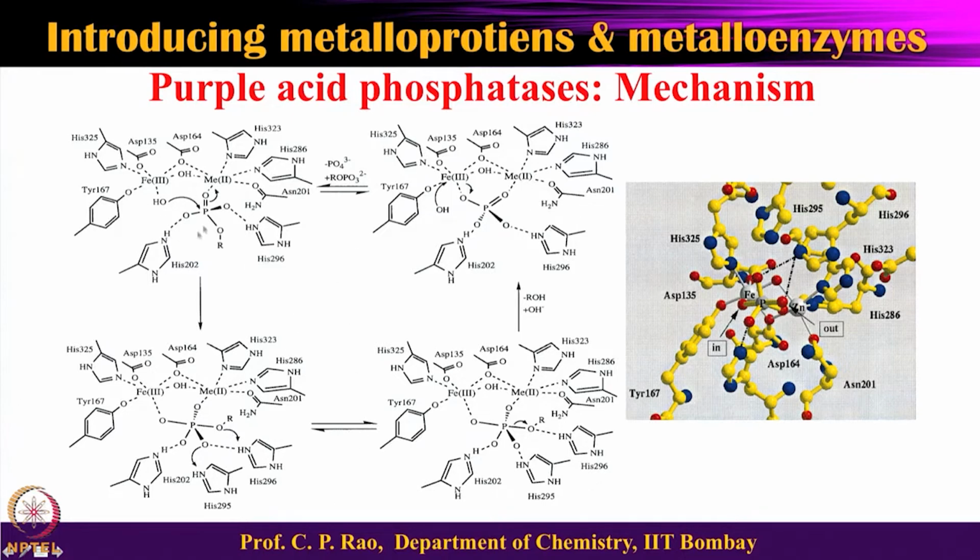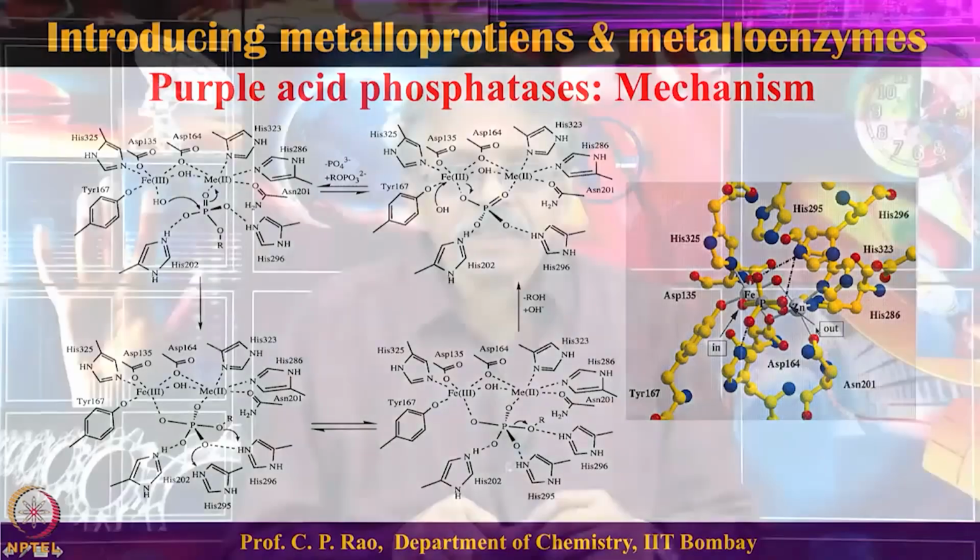Okay. Phosphate ester binding, the transition state for the hydrolysis of this, and the ROH going out, and the entry of the phosphate ester replacing the phosphate moiety, HPO4 2 minus. So this is continuous, and you can see one of that particular intermediate, the binding center, over there. Okay, and this is the center. So now we understand the purple acid phosphatase has a hydrolytic kind of activity, and there is no redox activity involved.